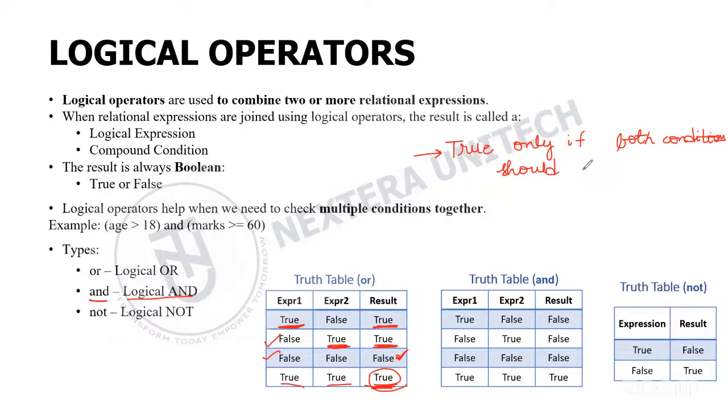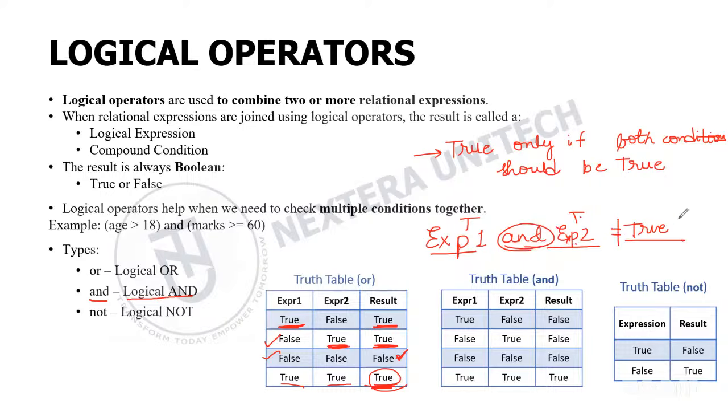Then only you will get the main result as true. So here what it means is expression 1 and expression 2. If both are true only, your AND operator will give you a true value. So both should be true. So if expression 1 is true and expression 2 is true, then we'll get a main output true.